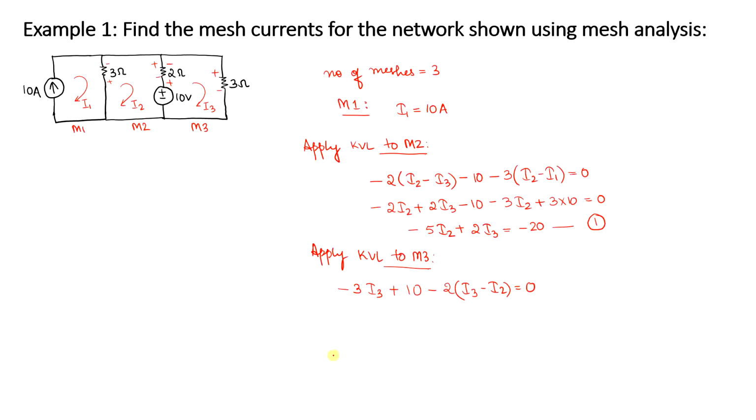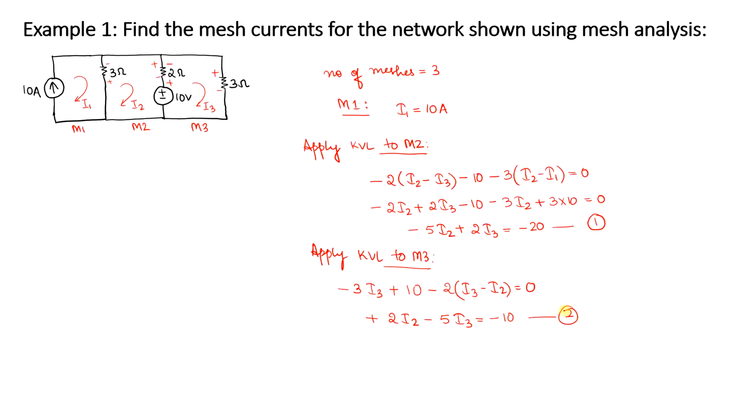So I need to rearrange this equation so that I can obtain a neat linear equation. So I get this as plus 2 times I2 minus 3 minus 2 is minus 5 I3 equal to, this is plus 10 here, when I bring it to the right hand side it becomes minus 10.